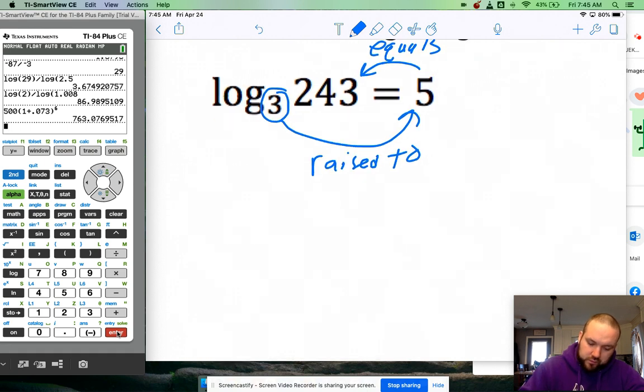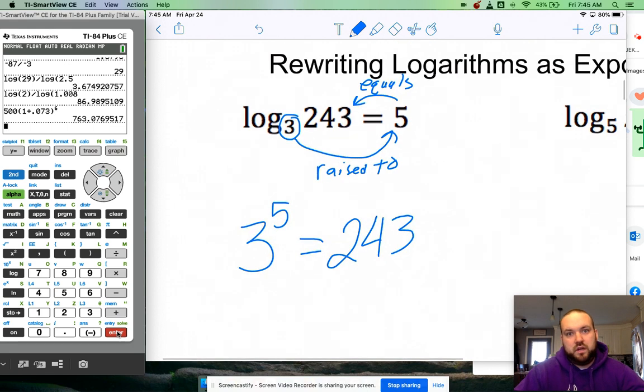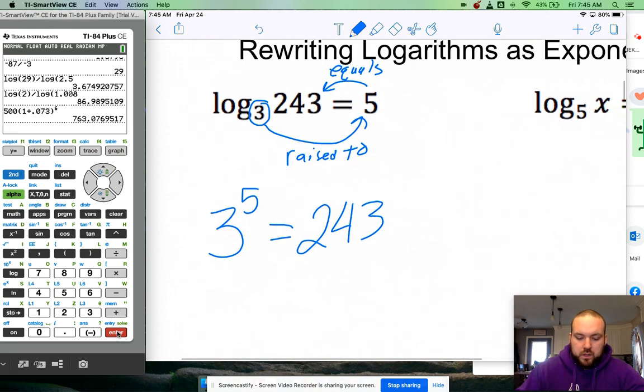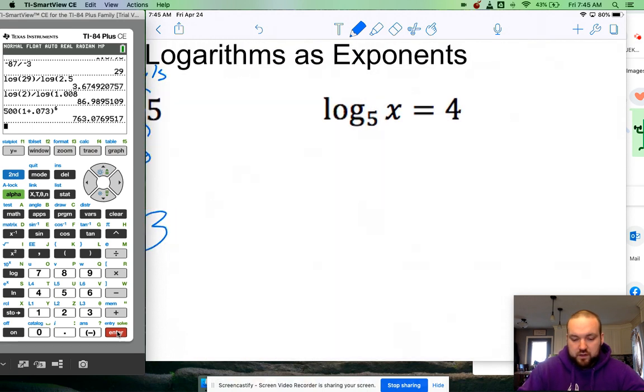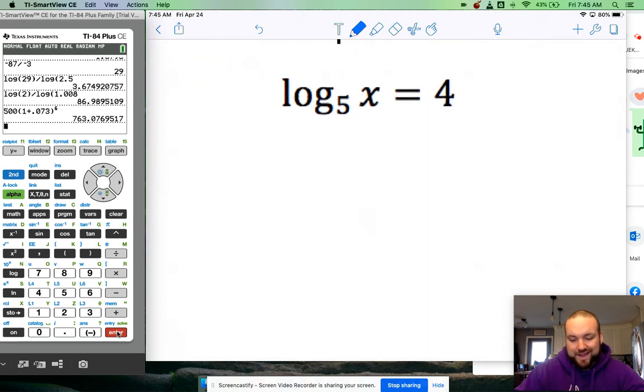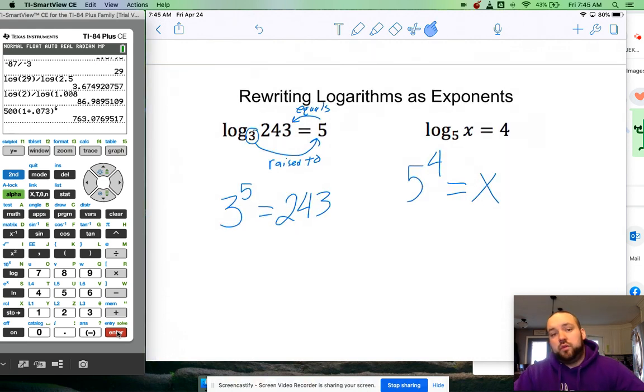So log base 3 of 243 equals 5 is the same as 3 to the 5th power equals 243. And log base 5 of x equals 4 is saying 5 to the 4th power equals x. We're not solving anything, just rewriting those logs as exponents.